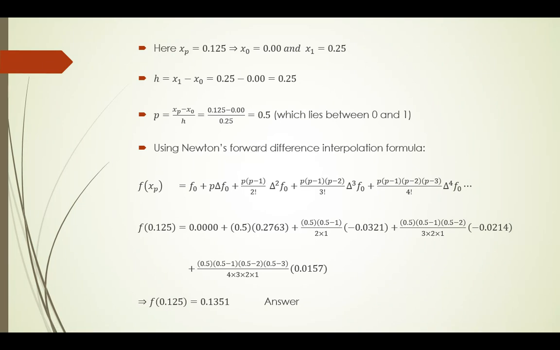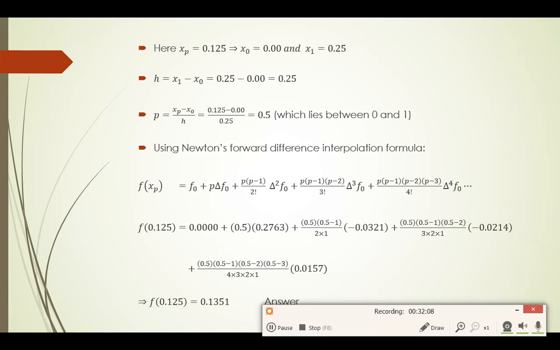So for this value of x, we have calculated the value of f as 0.1351. So this is the whole procedure for Newton's forward difference formula. So I hope that you will be able to understand the idea.